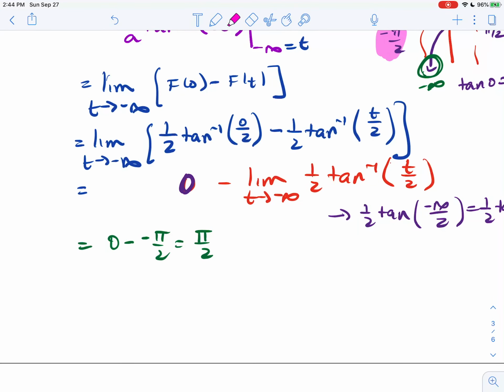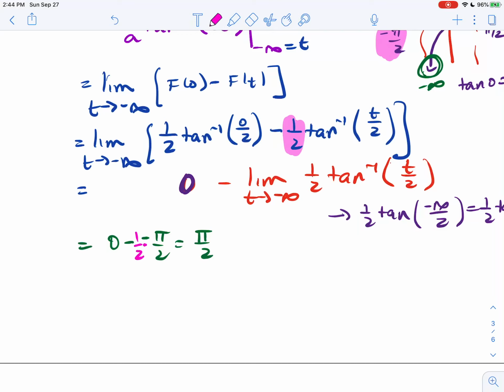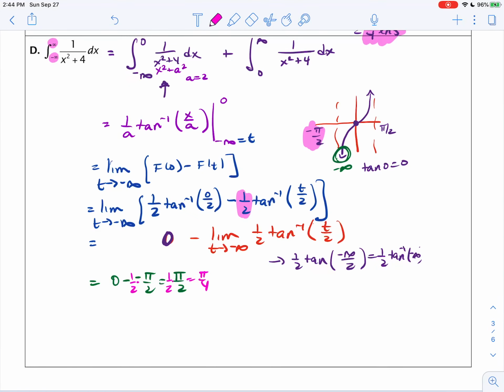And I don't want to forget my 1/2, and so I want to put in my 1/2 here. And so I end up with pi over 4 for my very first integral.